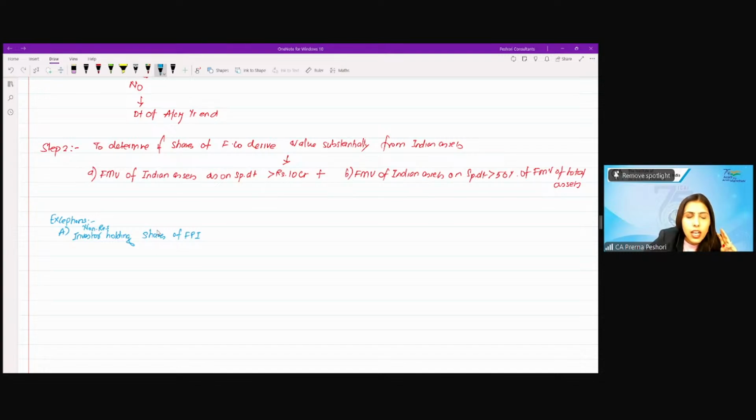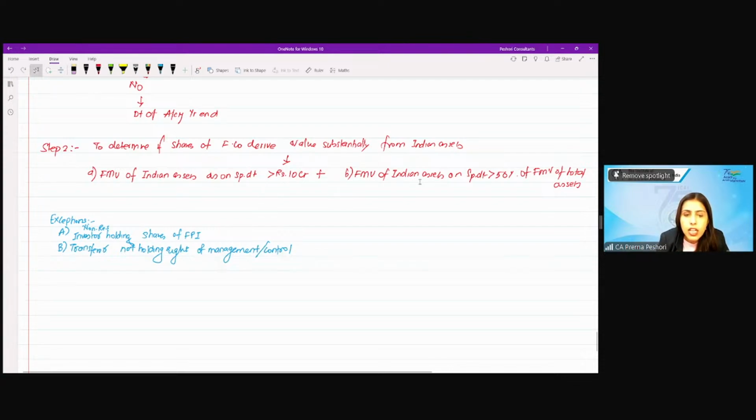Second one is the transferor if it does not hold the right of management or control. So next one is transferor not holding the right of management or control. So see students, for example, there are these kind of small investors, right?